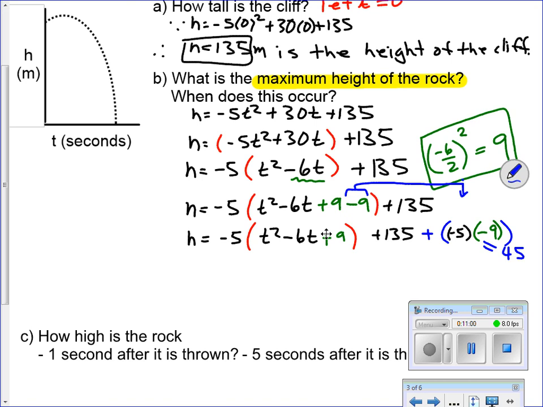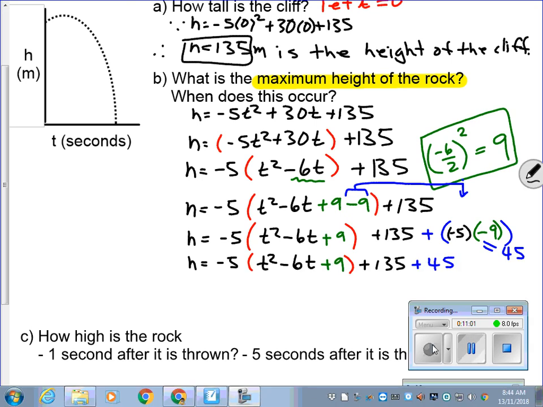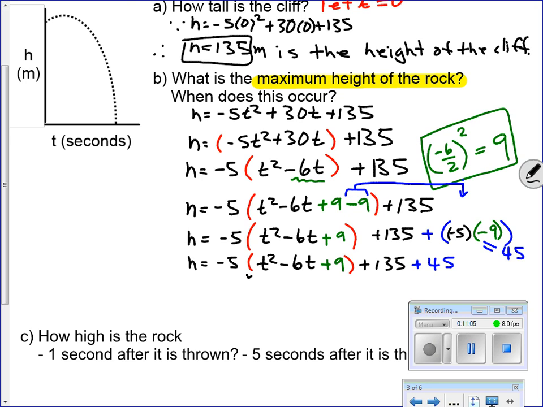So our new equation becomes this. Now we know that this whole part here is a perfect square, and this whole part here, all we're going to do is add it up. So now our final answer is h equals negative 5 times the bracket, and in our bracket, notice the squared, we have t and a 3.